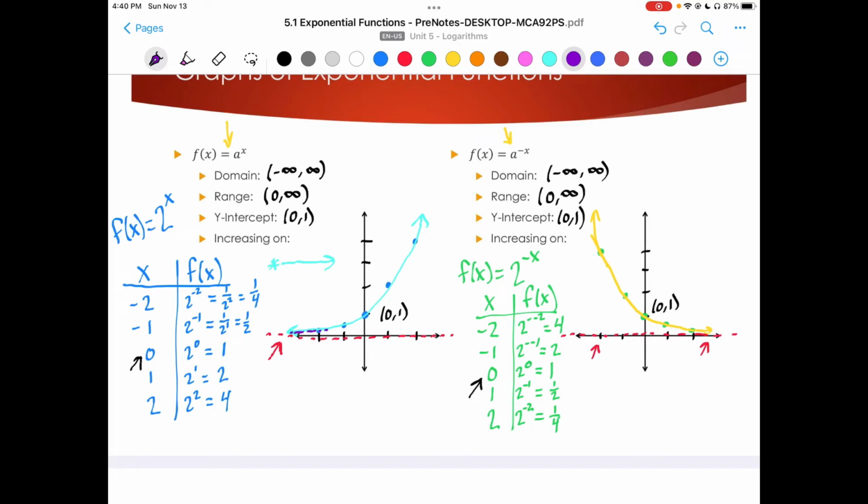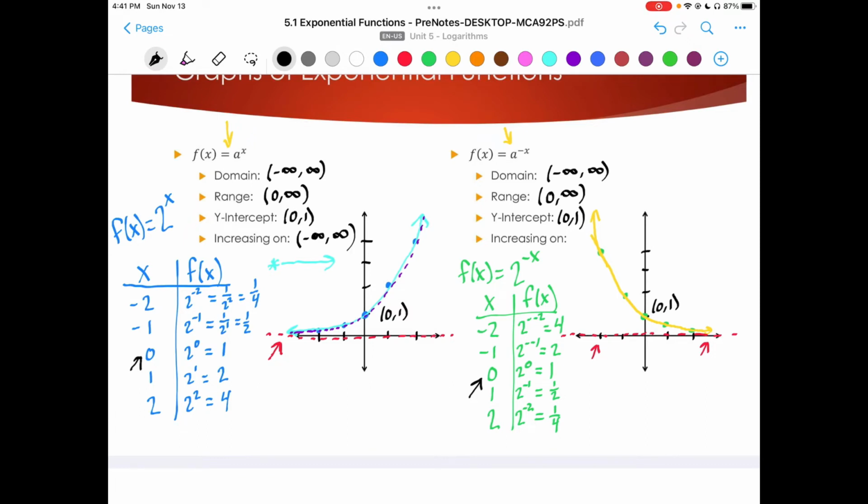And it looks like it's going up the whole time. There are no changes from increasing to decreasing, so no maximums or mins. It is increasing the entire time. There are no hills or valleys. It's just getting steeper and steeper. So we're going to say this is increasing from the interval of negative infinity to positive infinity.